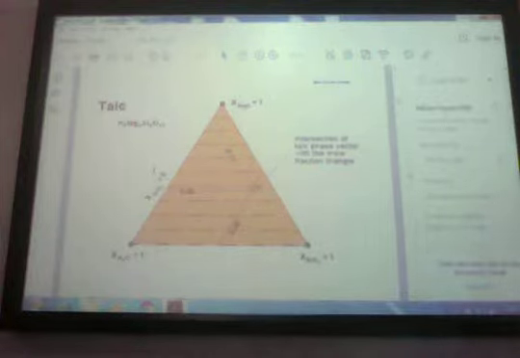And you know by now from our last class that is Mg3Si4O10(OH)2. So that is the mineral talc.